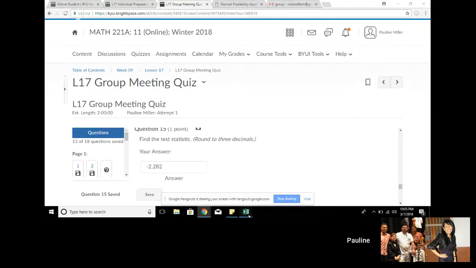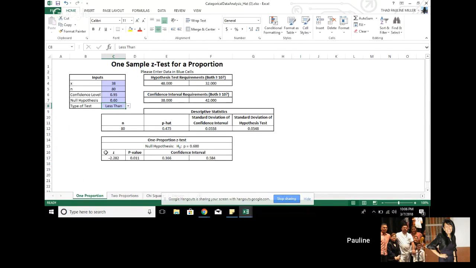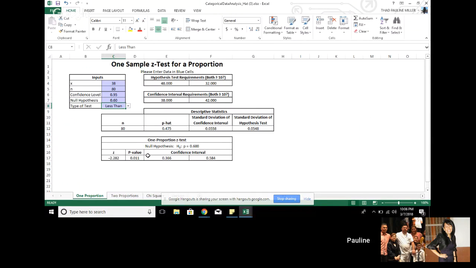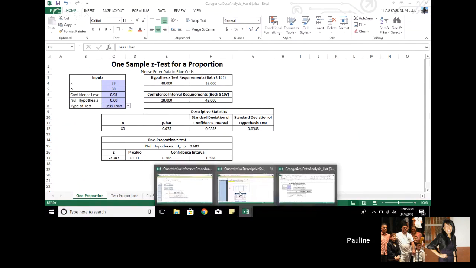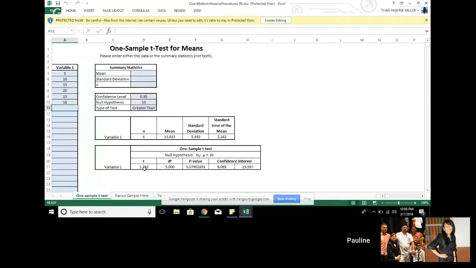We're trying to get the T, right? Well, you want the test statistic. So what is the test statistic here? I think it's this z-score right here, because on all of the other ones, the test statistic has been right here, next to the p-value.